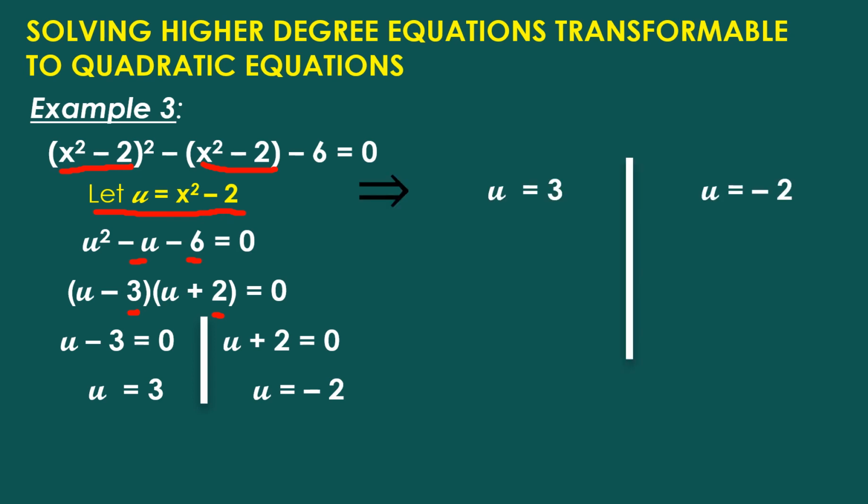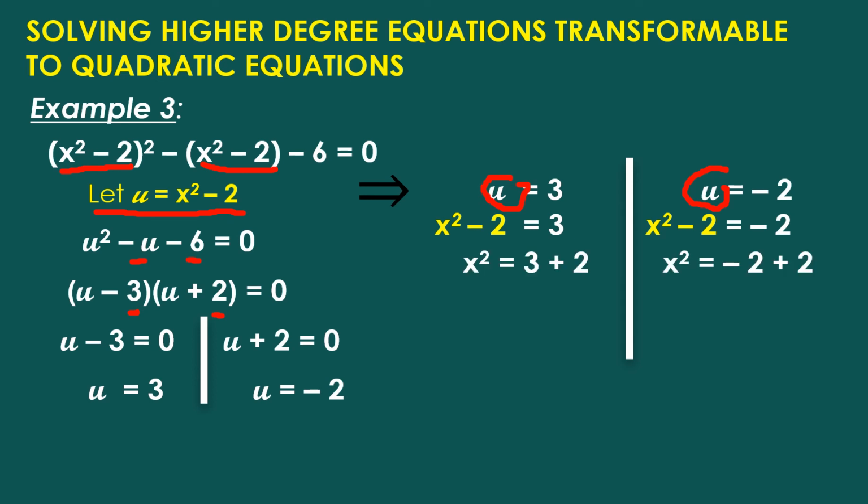Now, if we resubstitute, we are going to change u to x squared minus 2. We will have x squared minus 2 equals 3 and x squared minus 2 equals negative 2. Simplify.